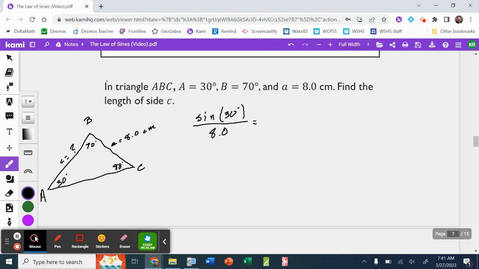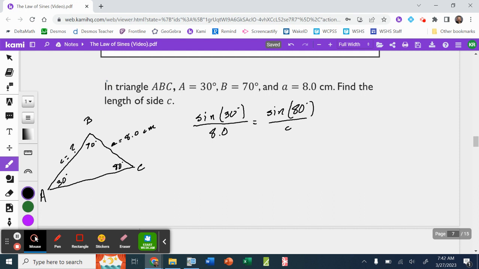And we're going to set this equal to the ratio for angle C. So we're going to have sine of 80 degrees. There's the sine of angle C. And the one thing that we're trying to find that we do not know is the length of side c. Now I have my proportion.